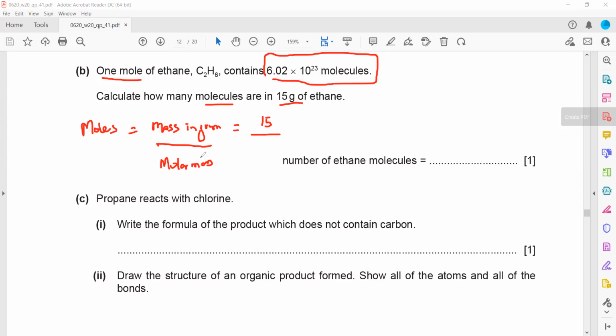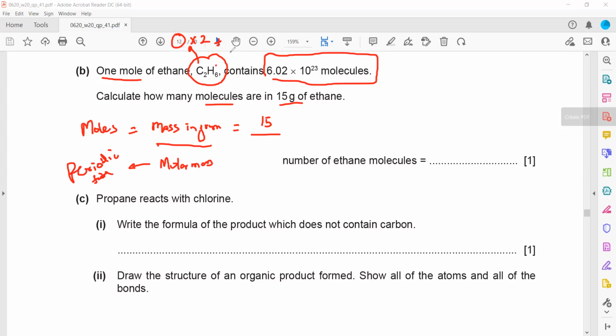For the molar mass, we have to use a periodic table. In the periodic table, we'll find the mass of carbon. The mass of carbon is 12, multiplied by how many carbon atoms are there? 2. So 12 multiplied by 2 is 24.